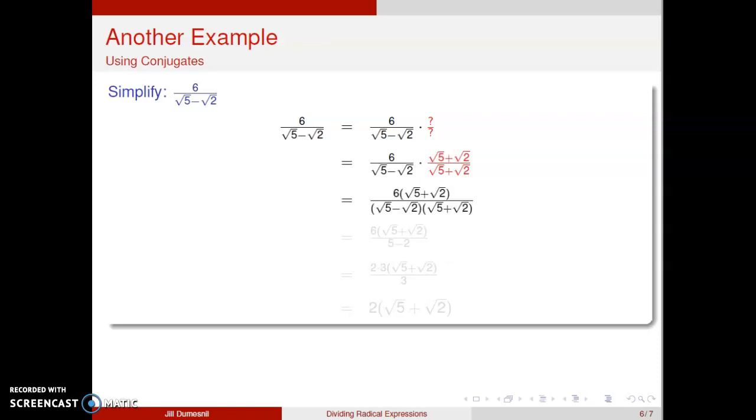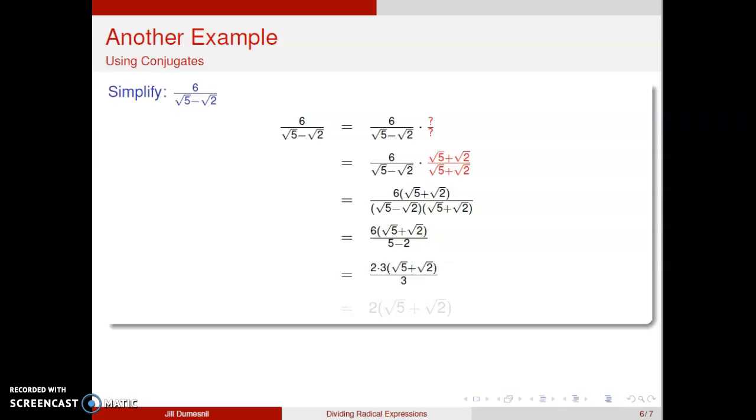Then we multiply fractions by multiplying numerators and multiplying denominators. Finally, we simplify the denominator by multiplication. It is useful to leave the numerator in factored forms in case some fraction simplification is possible.